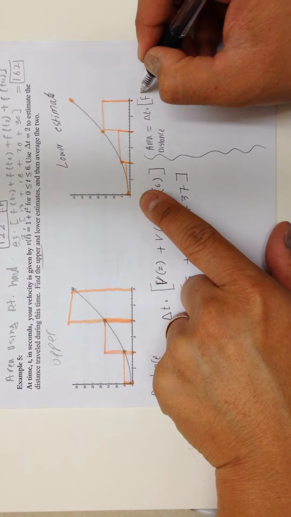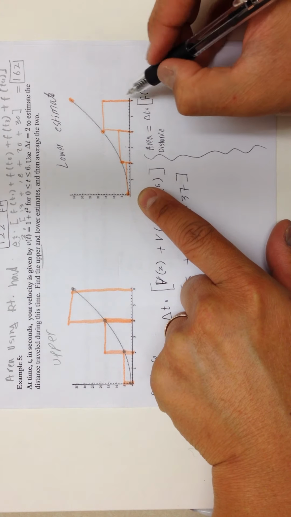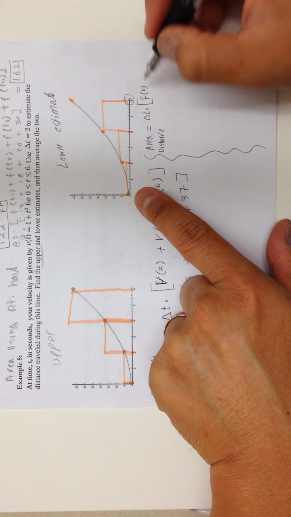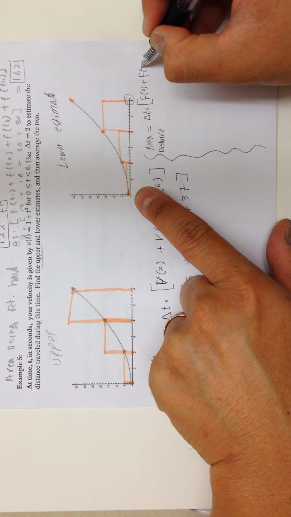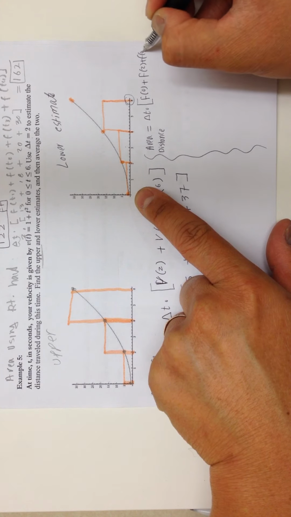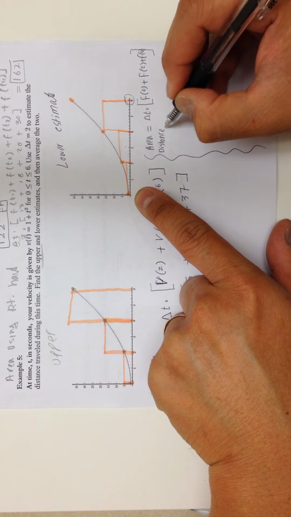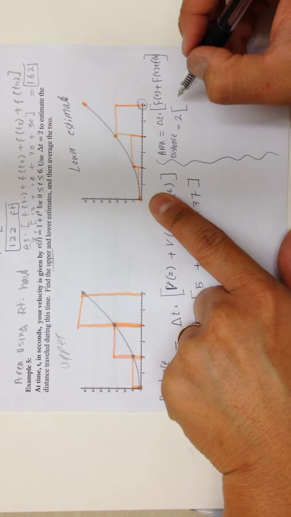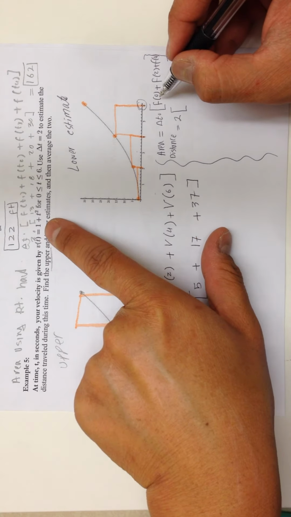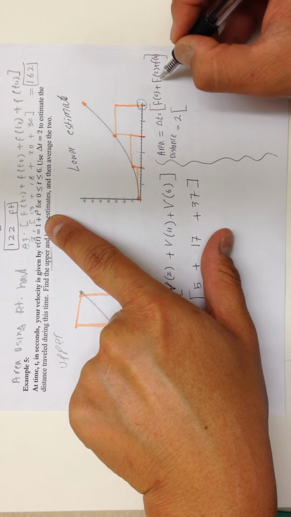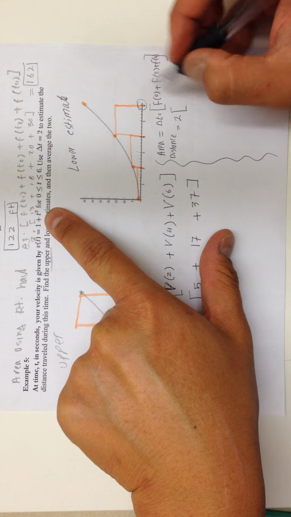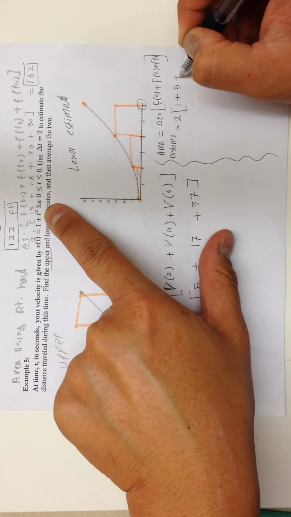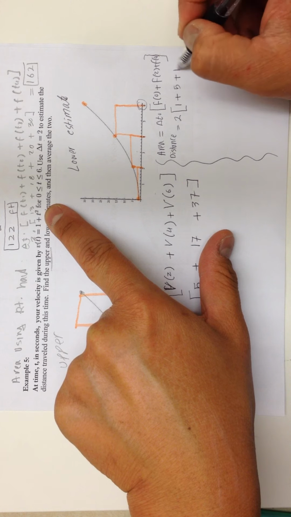I'm leaving out this last part for my left-hand sum, plus f at 2 plus f at 4. This is 2. f at 0 is found by plugging 0 into v. So f is your v. Plug 0 into v, I get 1. Plug 2 in for v, I get 5. Plug 4 in for v, I get 17.